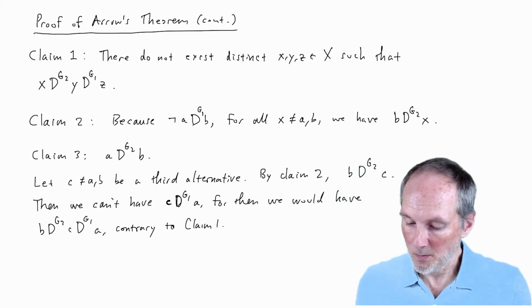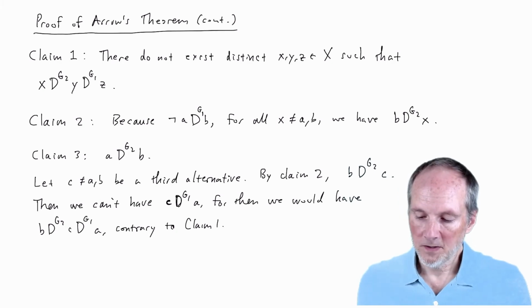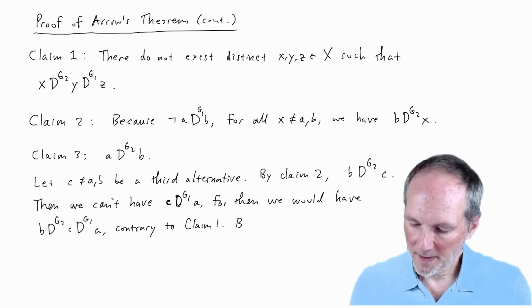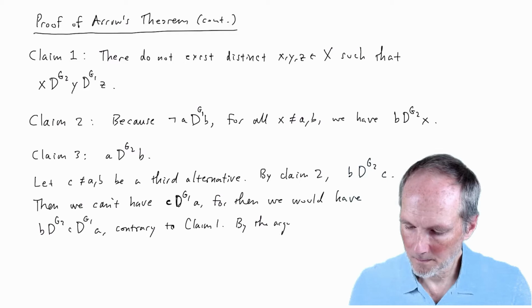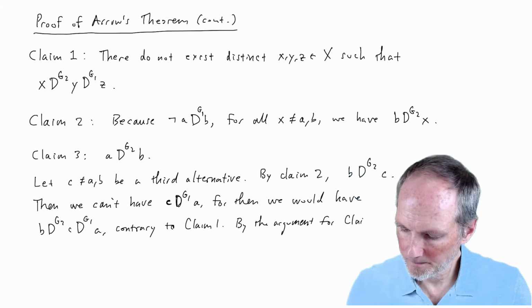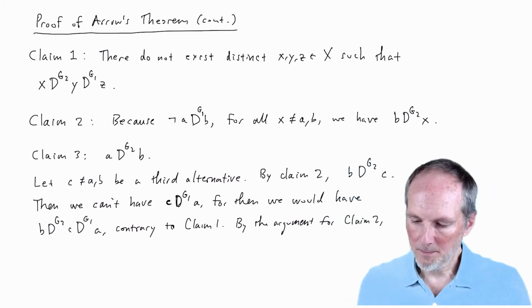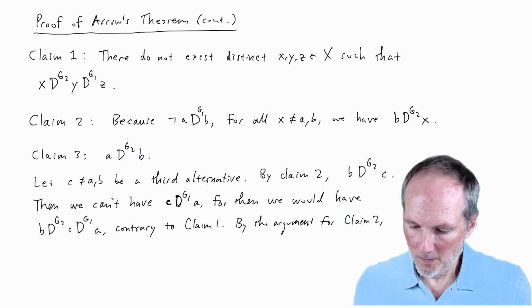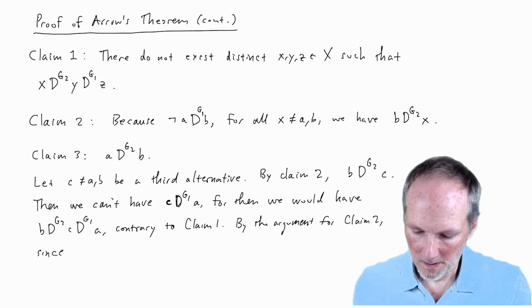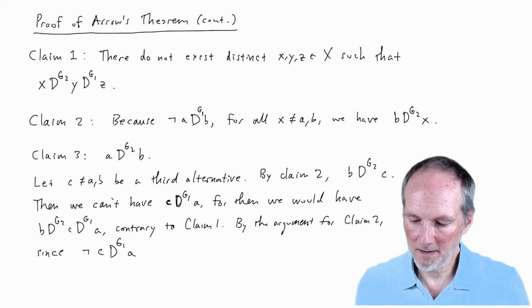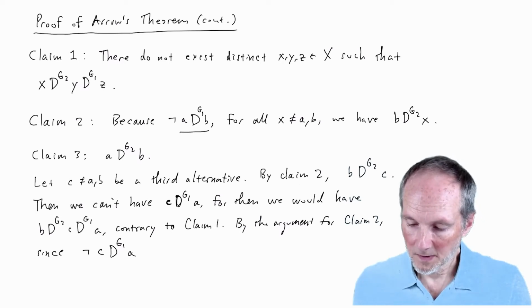Now we can use the logic for claim 2. Since it's not the case that G1 is decisive for C over A, notice the comparison to claim 2.